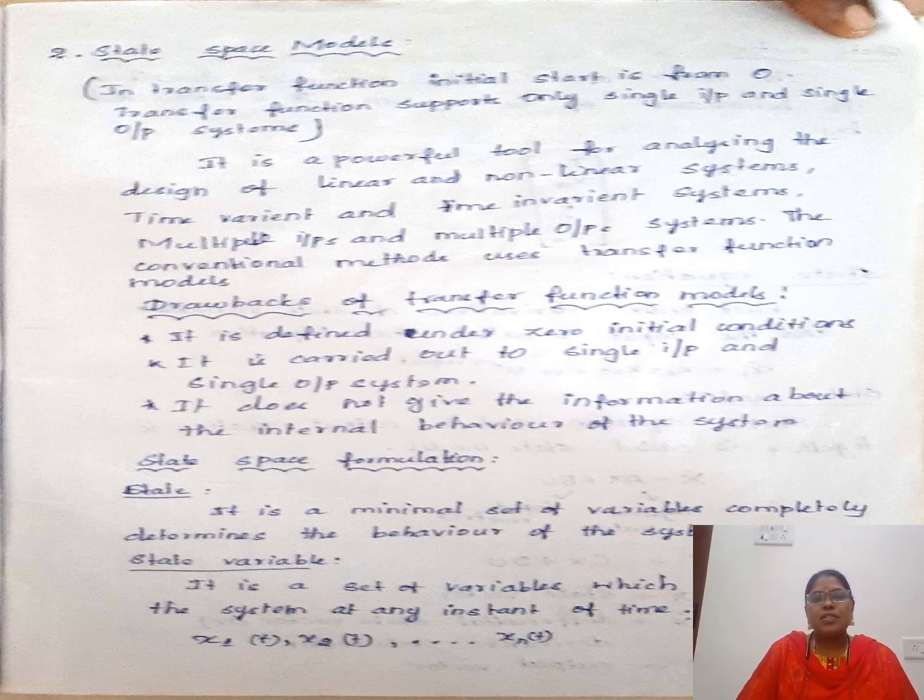This is the state space formulation. One is the state, which is nothing but the minimum set of variables that completely determine the behavior of the system. Suppose I have a continuous stirred tank reactor. In the reactor, two concentrations of liquids are flowing into the tank, and they have to mix thoroughly.